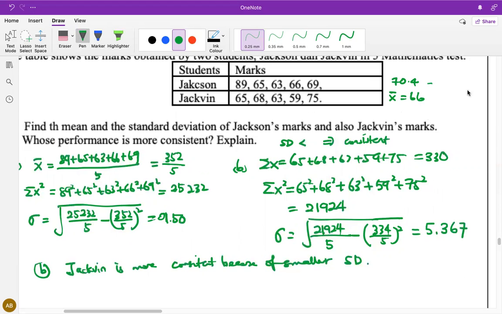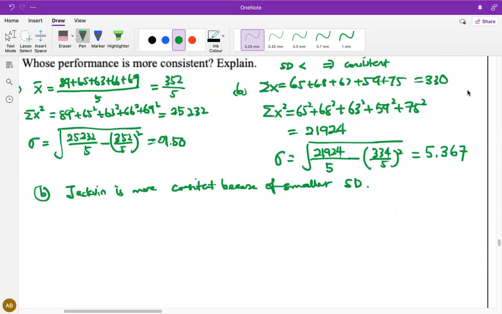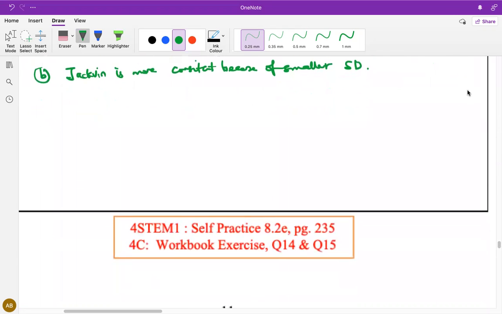So the difference is very small. The error here means the test score compared to the mean is very small, so it's consistent, right? So meaning that the smaller standard deviation, the more consistent, right? That's all.